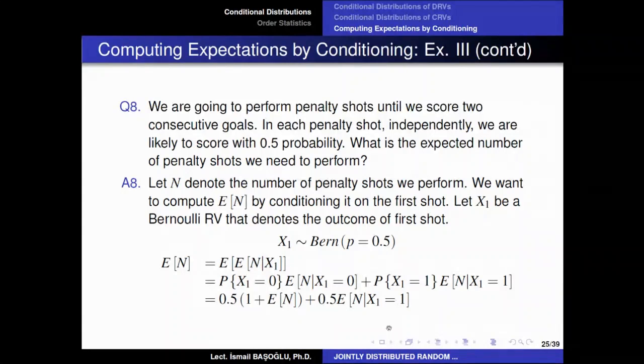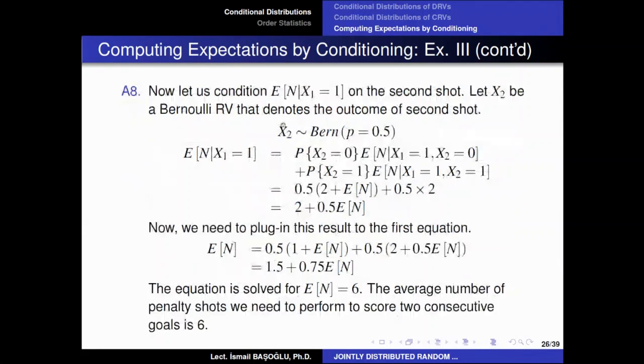Because you need 2 consecutive goals. So we are going to condition that conditional expectation on another random variable, which is x2, the Bernoulli random variable, which is the outcome of my second shot. And x2 is also independently Bernoulli distributed with probability 0.5.